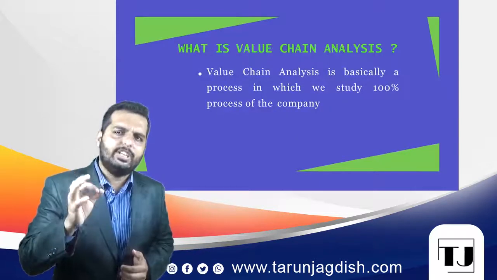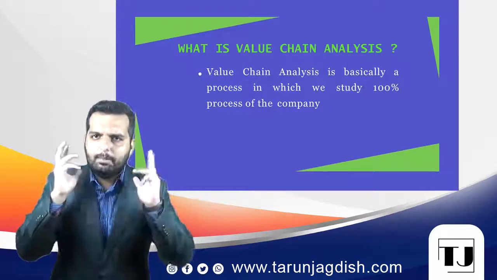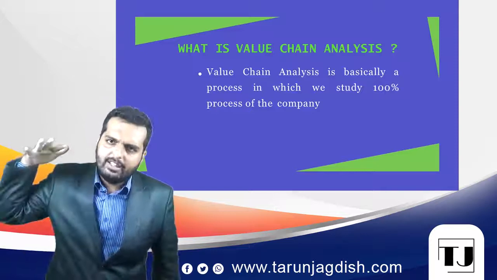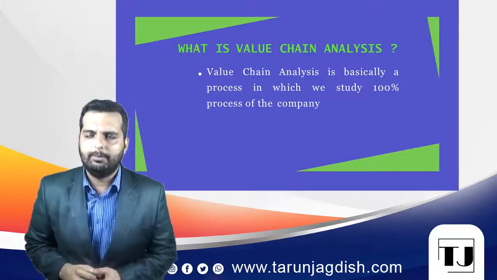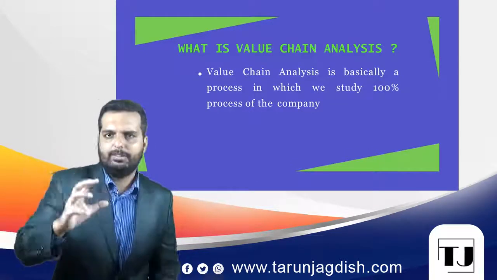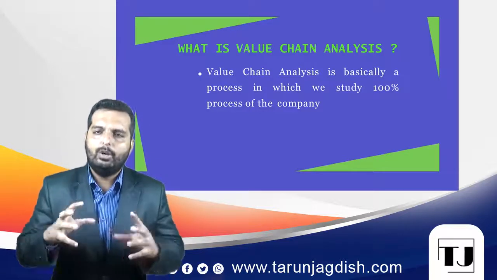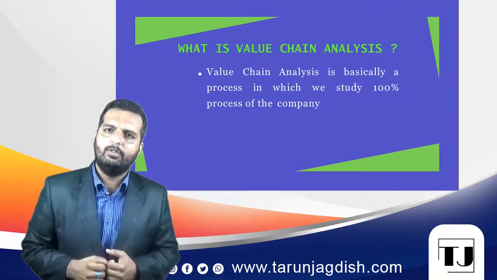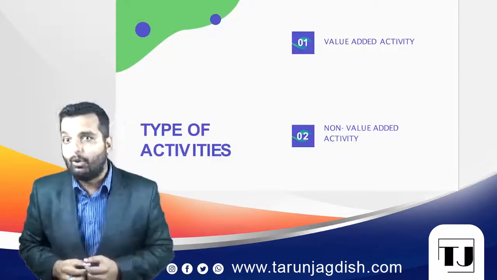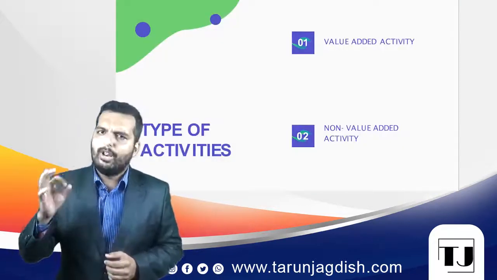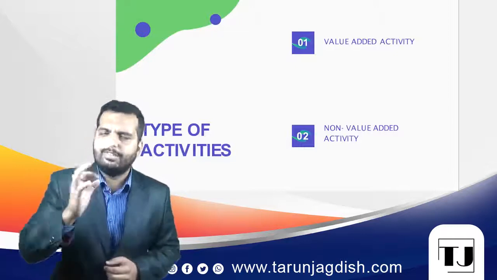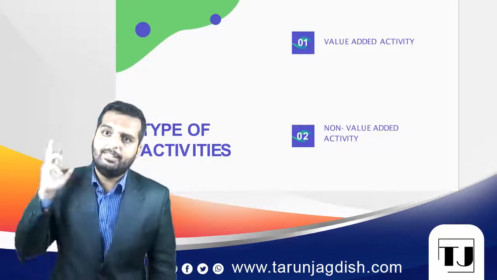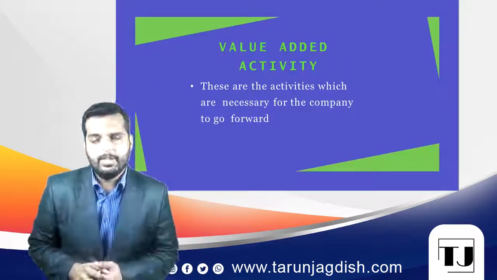Friends, value chain analysis is basically a process in which we study 100% of the process of the company, and once we do, we segregate this into two parts. One is called value added activity and the other is called non-value added activity. Friends, value added activities are those activities which are very much necessary for the company to go forward.